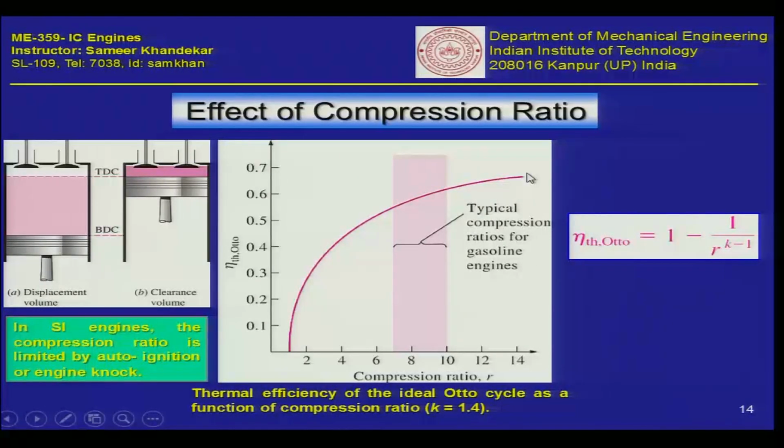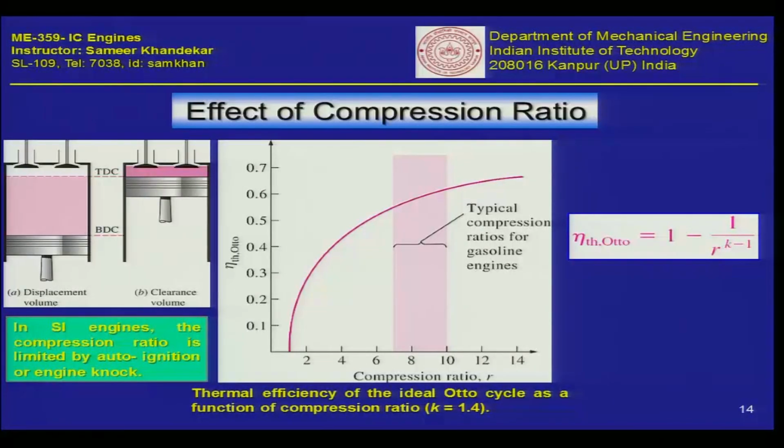But the problem is that in an Otto cycle, which is a petrol based cycle, wherein we want the heat to be added very quickly, if you increase the compression ratio beyond a particular value, then the fuel will start auto ignition or abnormal ignition.